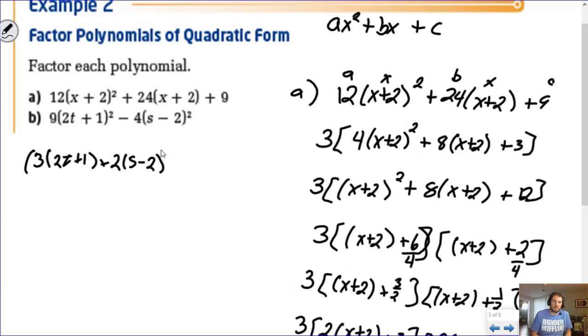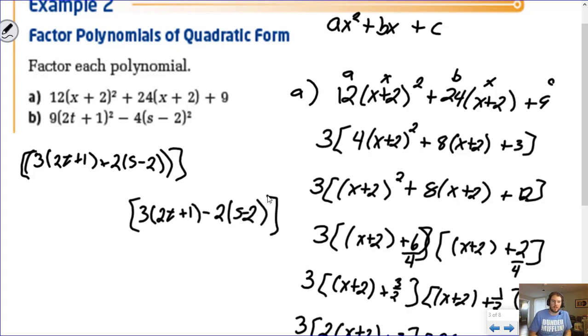So that's the square root of the first term plus the square root of the second term times the square root of the first term. So again, 3 and 2t plus 1, and minus now the square root of the second term. So 2 onto s minus 2, right?